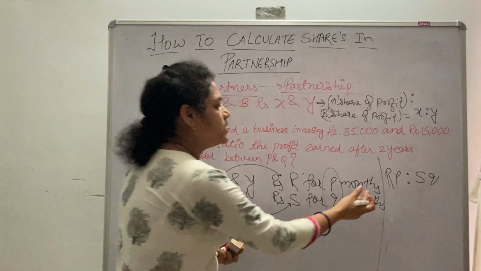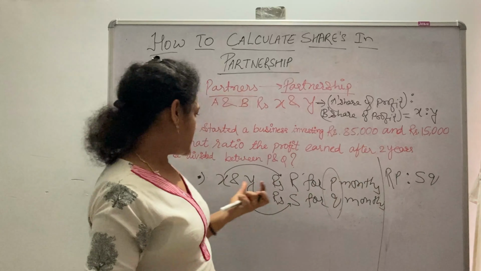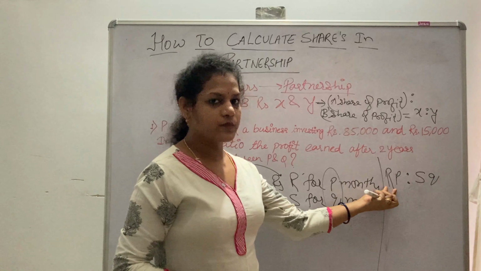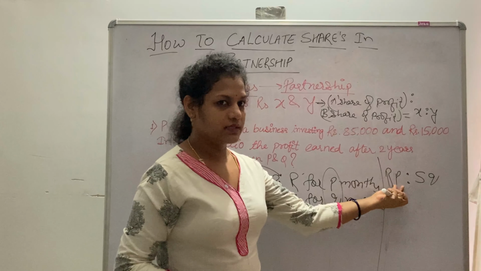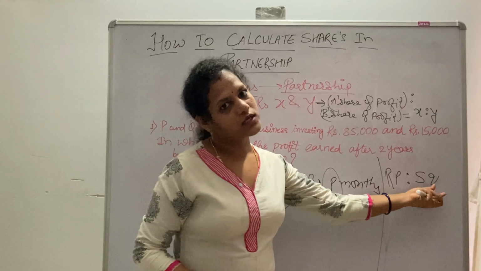RP is to SQ means X is investing rupees R for P months, and Y is investing rupees S for Q months.